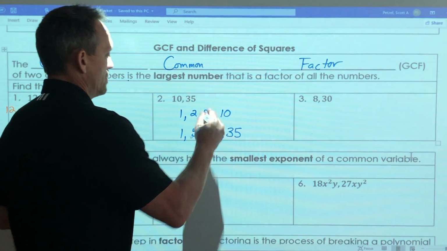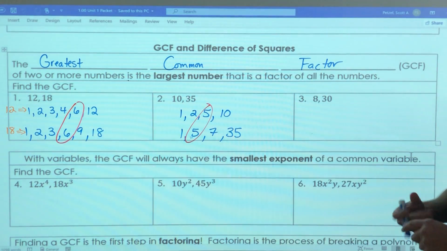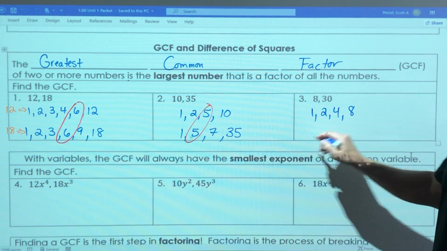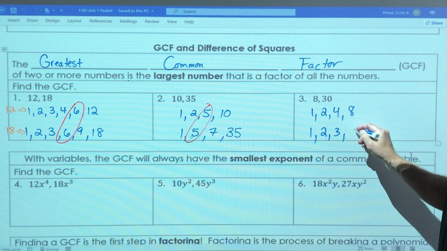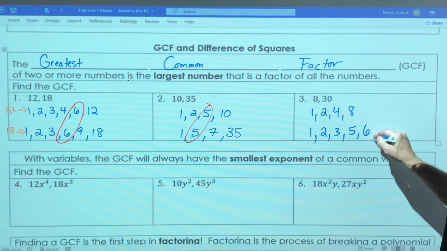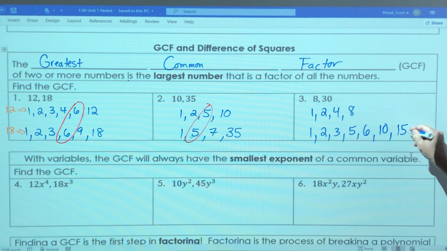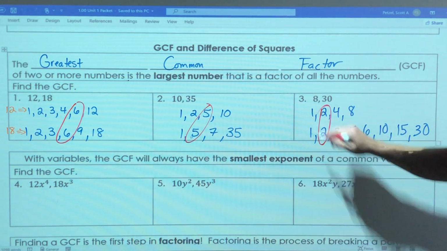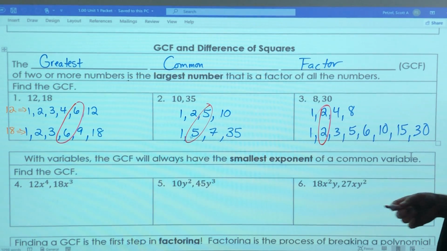GCF, 5. 8 and 30: 1, 2, 4, 8, and 1, 2, 3, 5, 6, 10, 15, and 30. GCF, 2. Without doing that, sometimes you'd think it may be 4. It's not 4, okay?